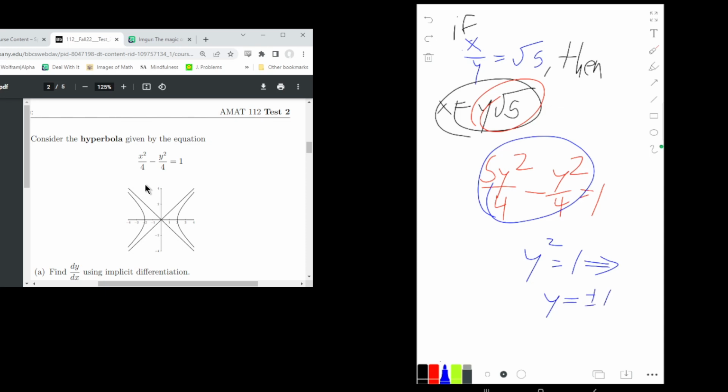And if we want to know now what x is, we would just go back to this equation. So if x divided by y is the square root of 5 and y is positive 1 or minus 1, that would mean that x is plus or minus square root 5.